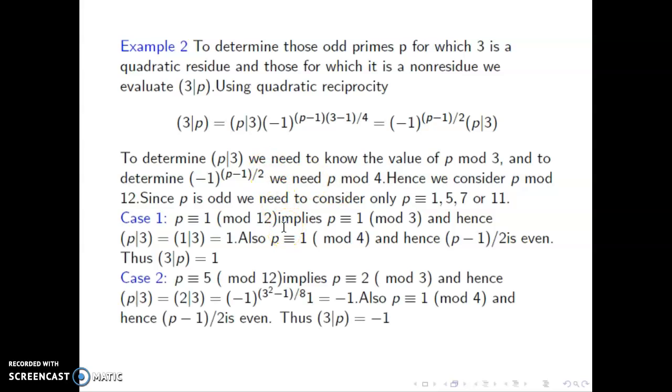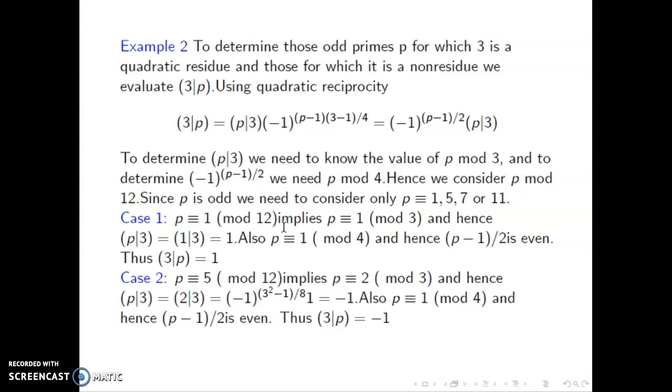Case 2. If p is congruent to 5 mod 12, this implies that p is congruent to 2 mod 3 and hence p over 3 is equal to 2 over 3, which I can simplify as minus 1. Also I know that p is congruent to 1 mod 4 and therefore p minus 1 by 2 is even.